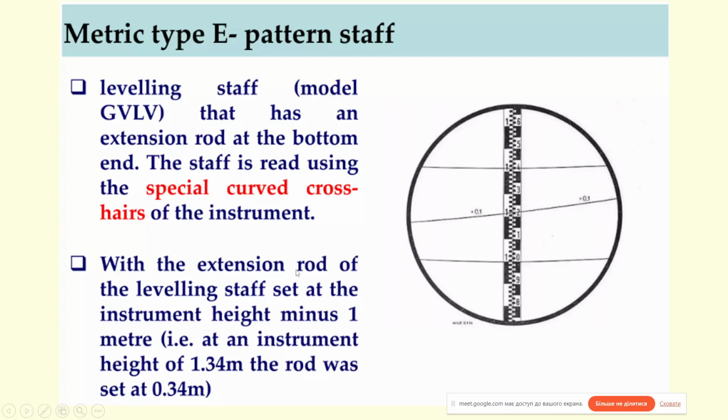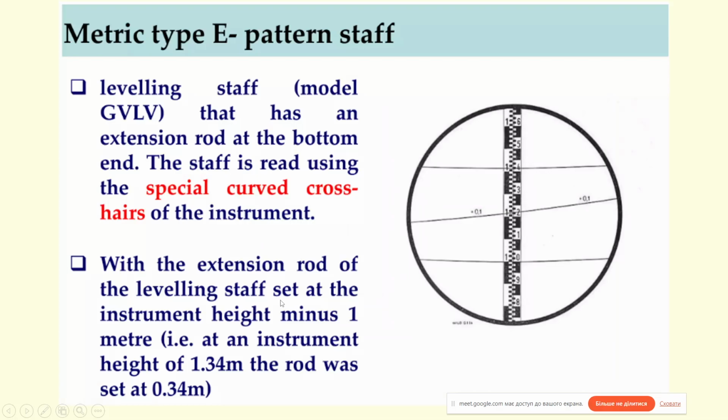With the extension rod of the leveling staff set at the instrument height minus 1 meter, so at an instrument height of 1.34 meters, the rod was set at 0.34.